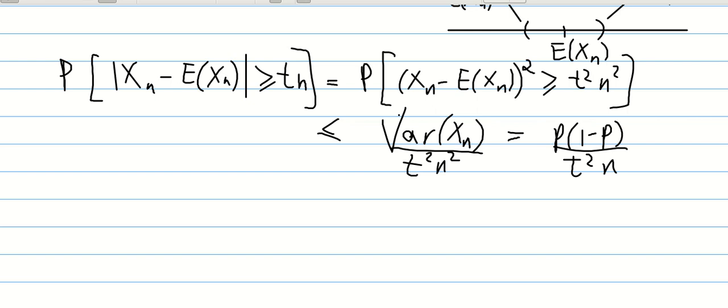So this is a nice first result, but I would like to push it a bit further, because in some cases this will decay much faster than polynomially in n.